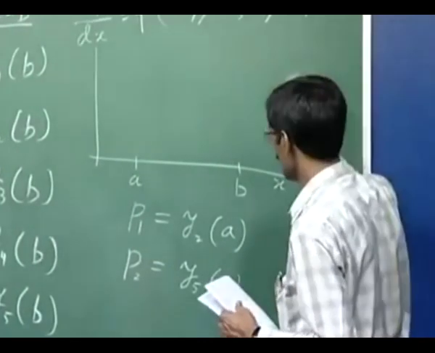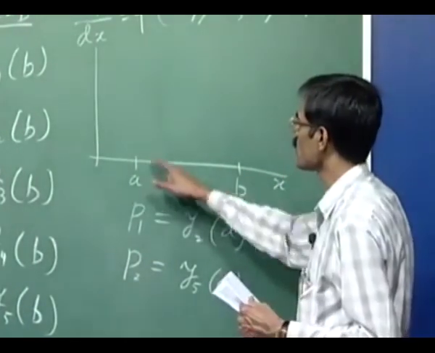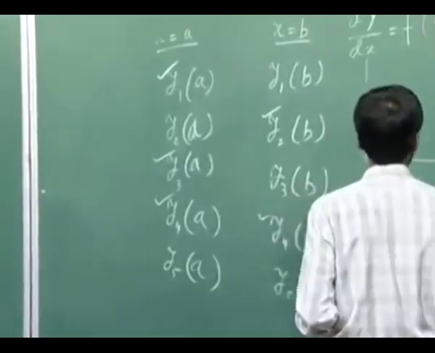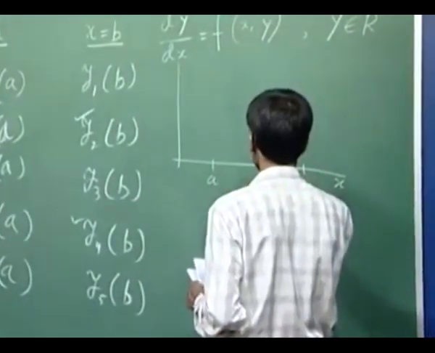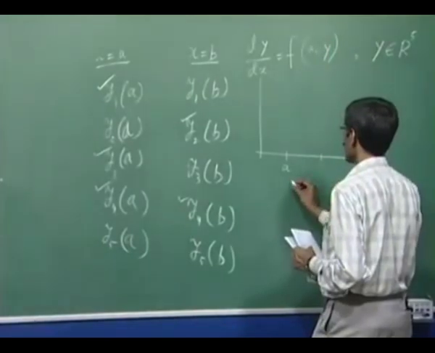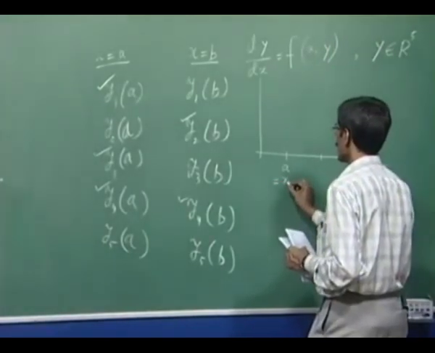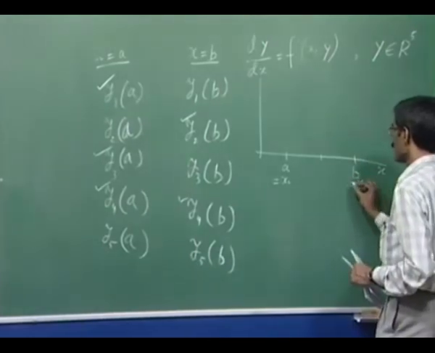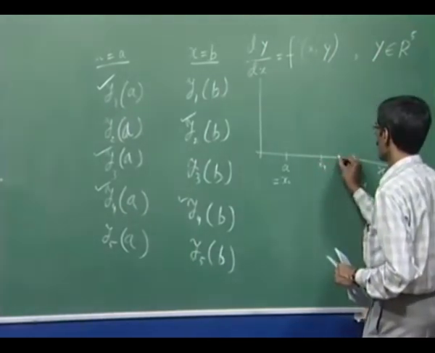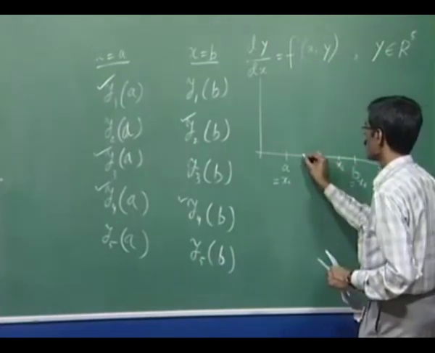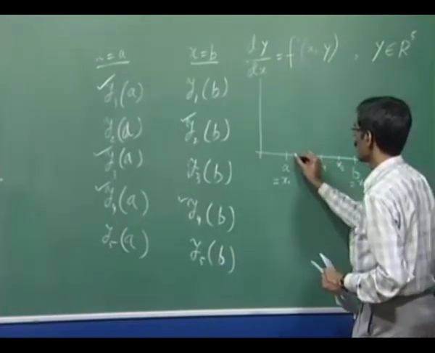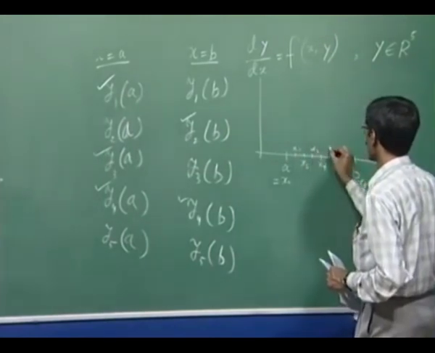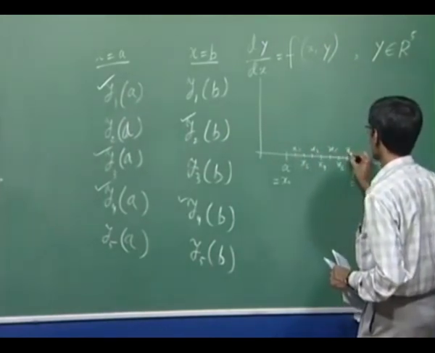In a finite difference method, first we will discretize this domain. Let us say for the time being that we are discretizing this domain A to B into 8 steps, 8 intervals. This is x0 and this is x8. This is x4, this is x6, this is x2, this is x1, x3, x5, x7.